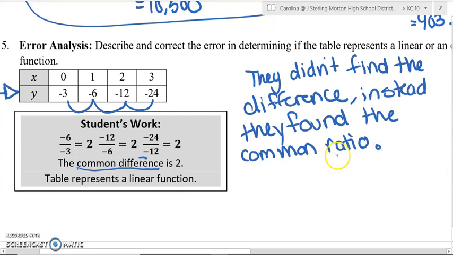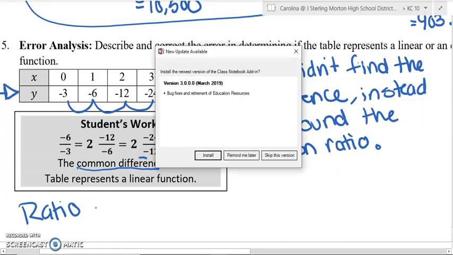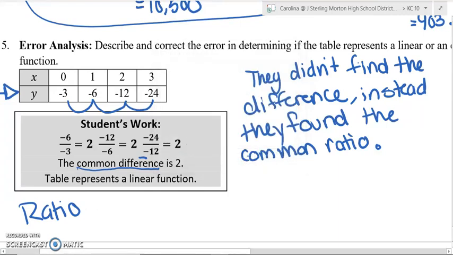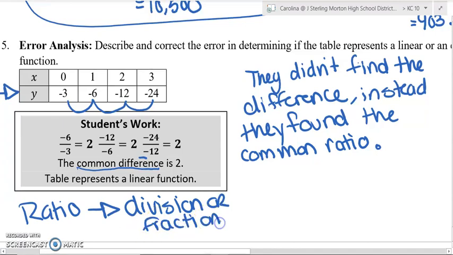So because it's a common ratio, again, just in case you need it. Remind me later. Common ratio is division or fraction, whichever you prefer. So it should say, let me switch color for this part.